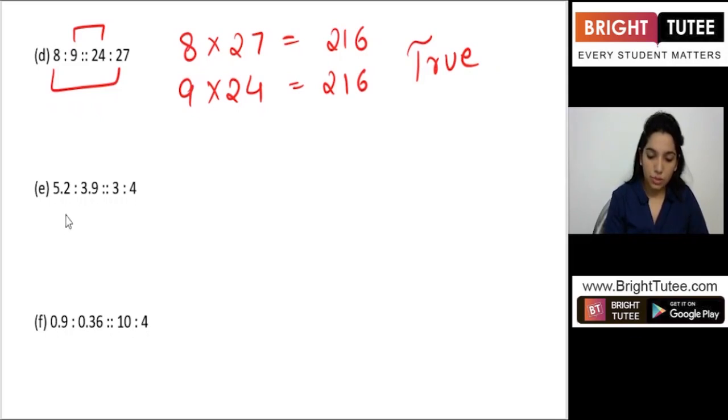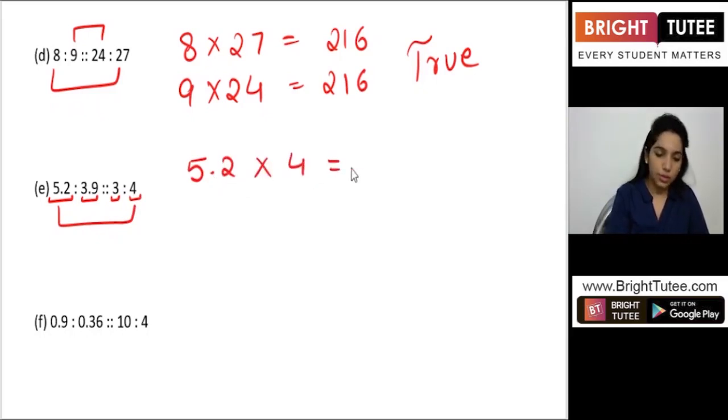Now let us do the other one. Here we have got 5.2 is to 3.9 and the proportion sign we can see is equal to 3 is to 4. Okay, let us find the product of extremes. That is, we need to do 5.2 multiplied by 4. Okay, so when we do 5.2 multiplied by 4, the answer is 20.8.